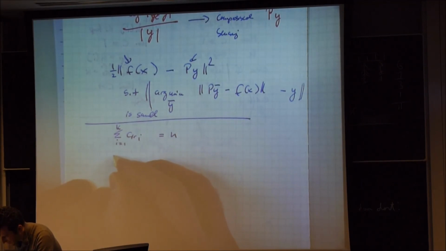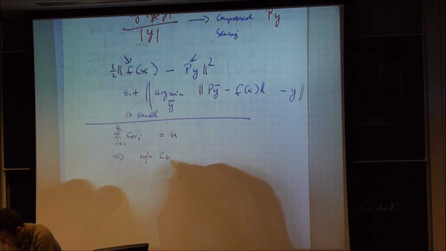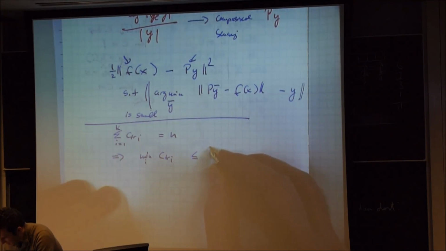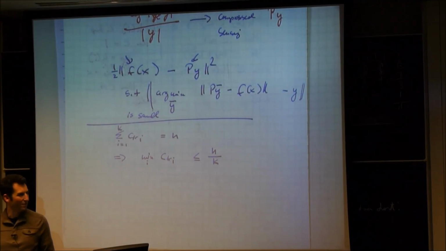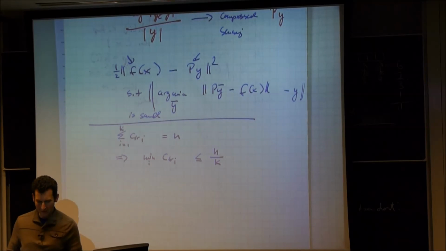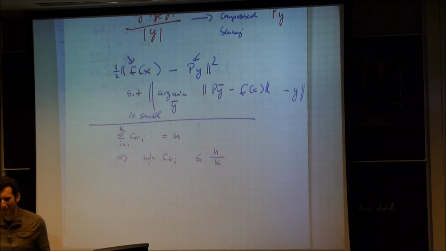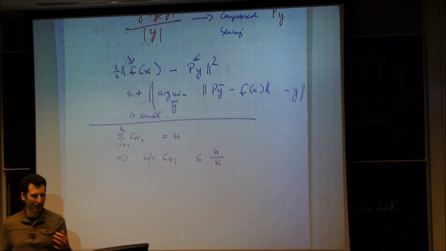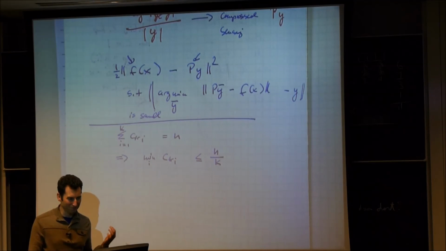From that it follows that the minimum counter is less than or equal to n over k. That just holds because if I have n total and I have k bins, then the smallest bin cannot be larger than the average.